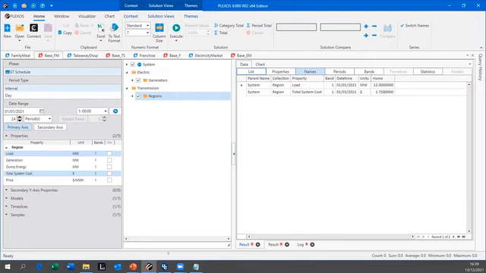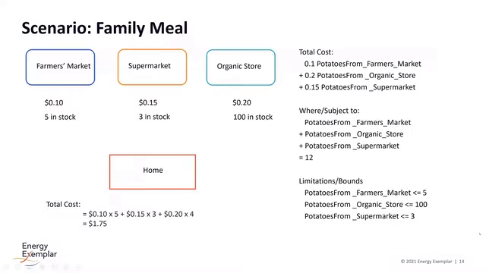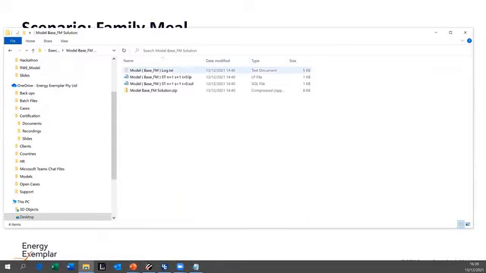Now, if we go back first to our presentation, the formulation that Plexos gives is found in the same place as the solution file. And just so you can see it, this is where our solution came from, and this is the formulation that Plexos produces before finding the answer.